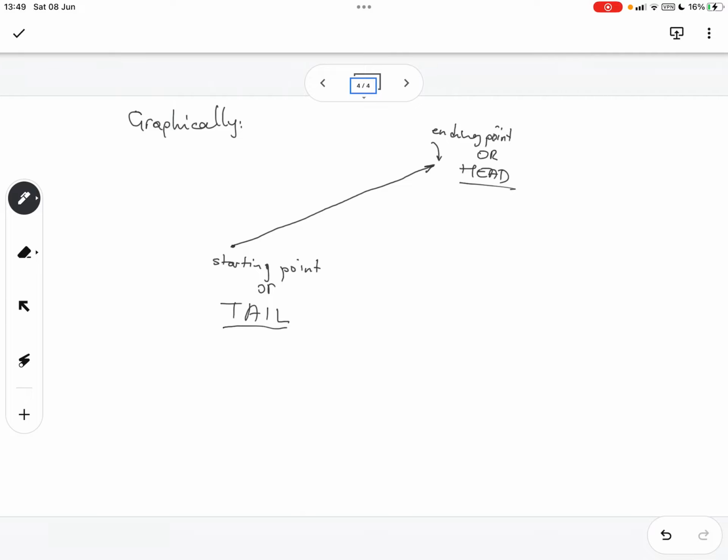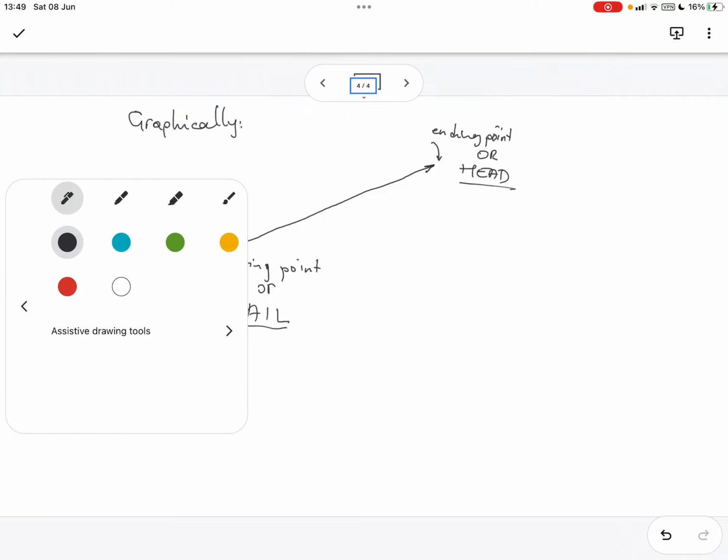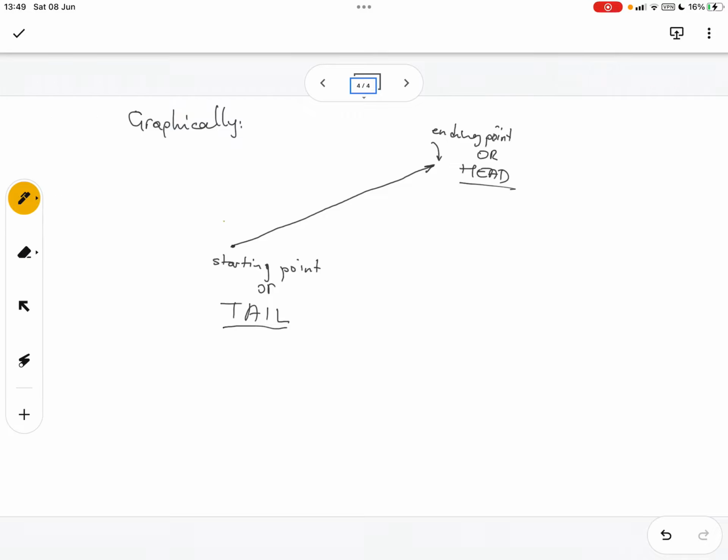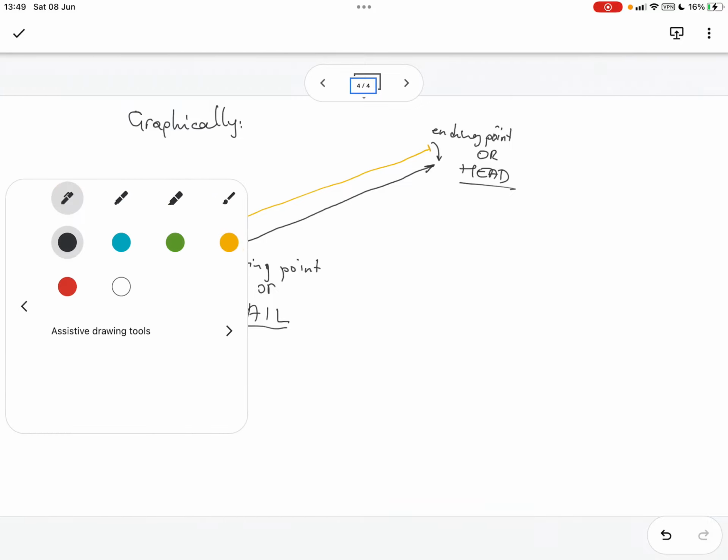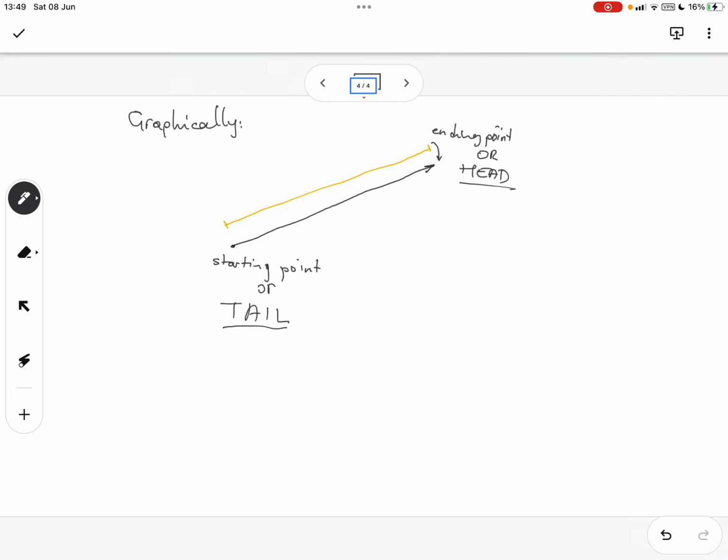So the ending point is called a head. Like in science, we draw these vectors using the head to tail method. You remember that? That head to tail method, we're going to explain it now.